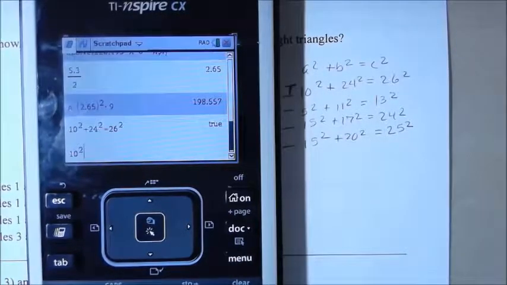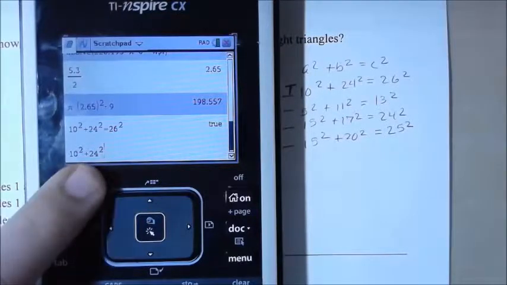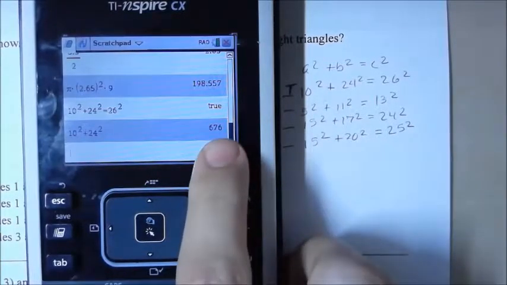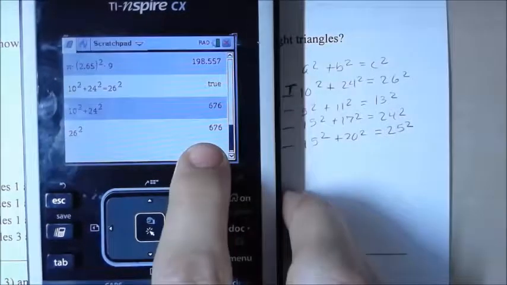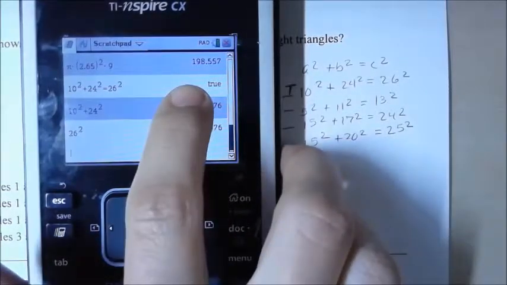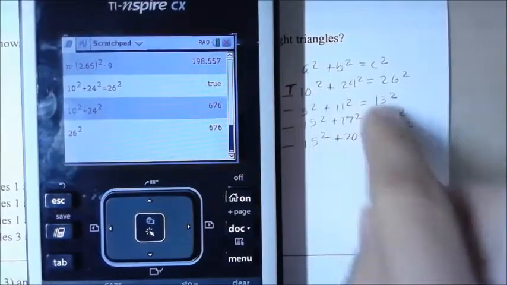And for those of you who may have forgotten this and go, well, what do you mean by that? Let's break it up. If I do my legs just A and B and hit enter, it equals 676. And if I do 26 squared and hit enter, it equals 676. So 676 is equal to 676. That means this is a right triangle.